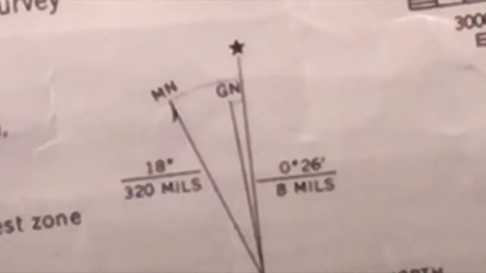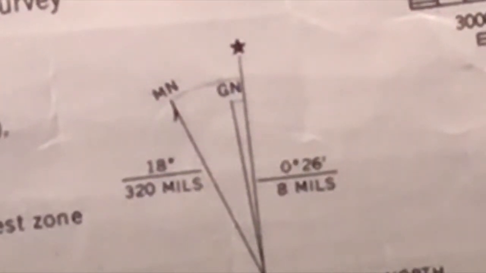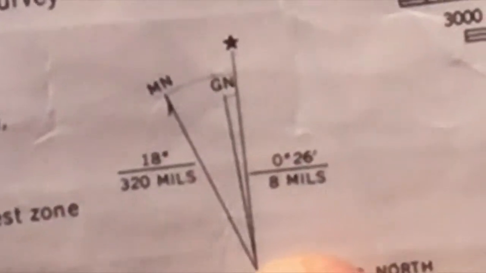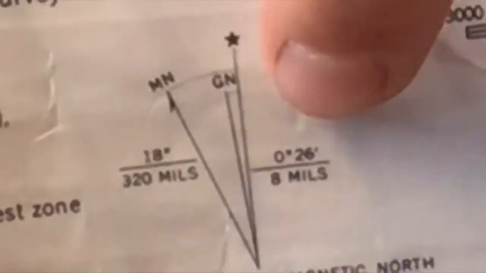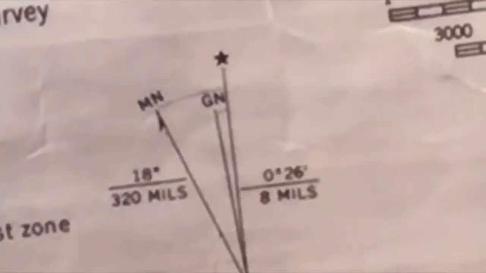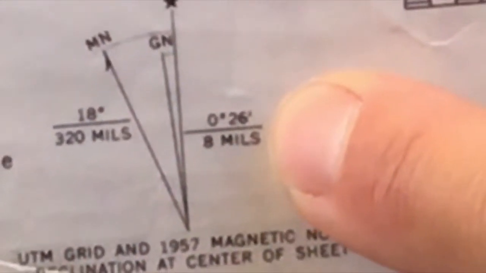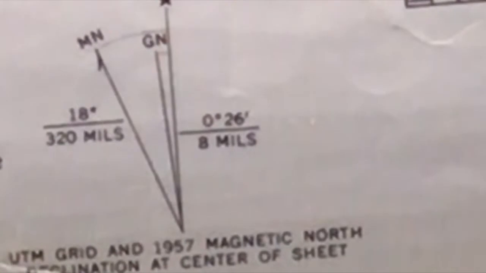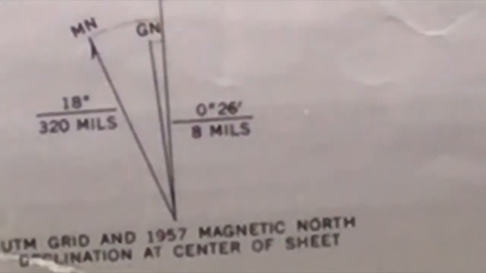So if you're going to do that, make sure the units are the same, because this one's in degrees and this one's in minutes. But we can make that conversion. How many minutes are in a degree? The correct answer is 60. So all we have to do is take 26 and divide it by 60, and that'll give us degrees.